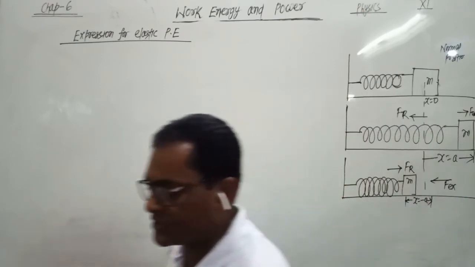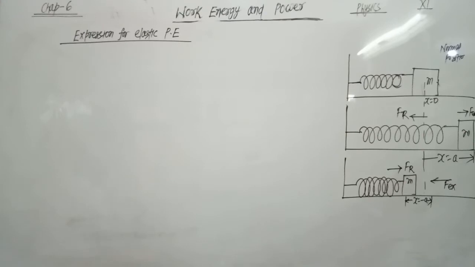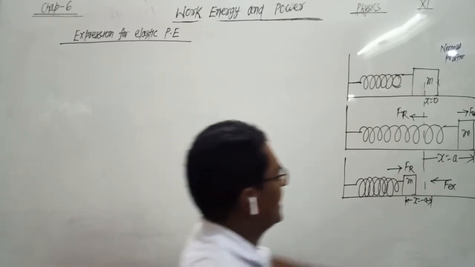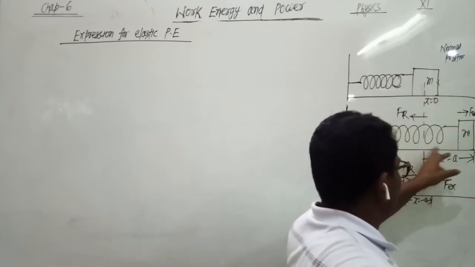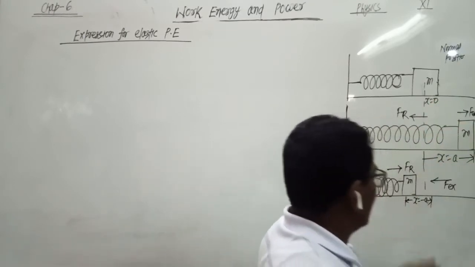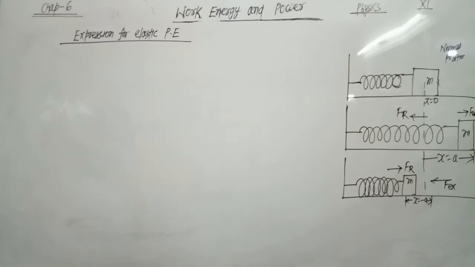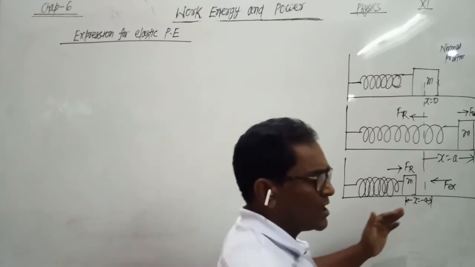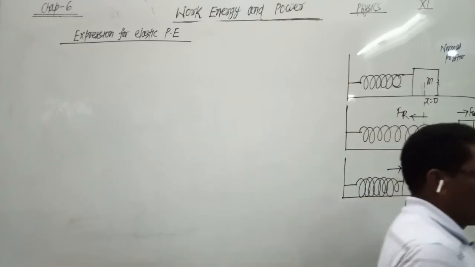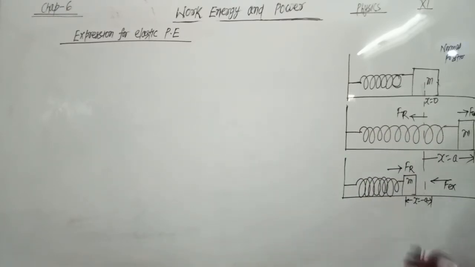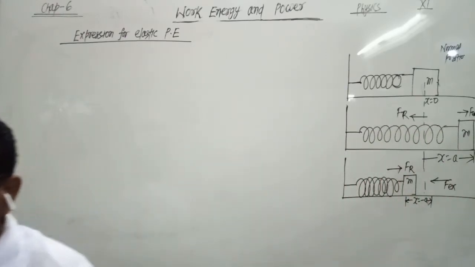So when a spring is stretched or compressed from its normal position, x equals 0, then work has to be done by the external force against the restoring force, because the restoring force acts in a direction opposite to the applied external force.